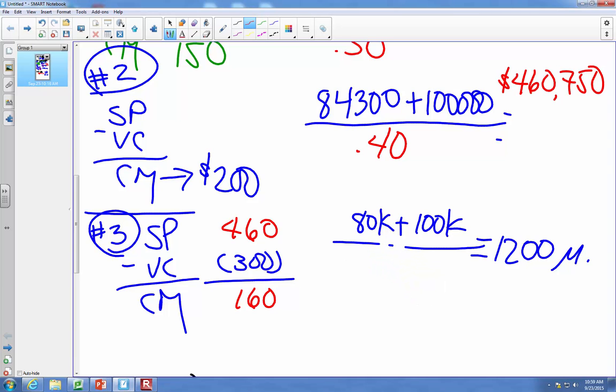What's my CM percentage? 160 divided by 460 equals what? Okay, give me out to 2 decimal places. 0.35.